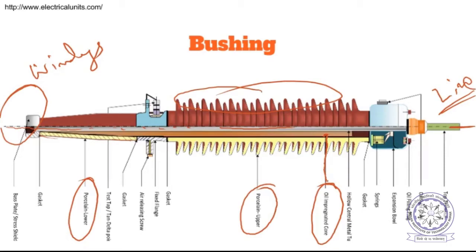This is to increase the creepage length, means the effective length of travel for a charge from one end to the other end. So the creepage length will increase with this type of structure. So this outer insulation is porcelain insulation.